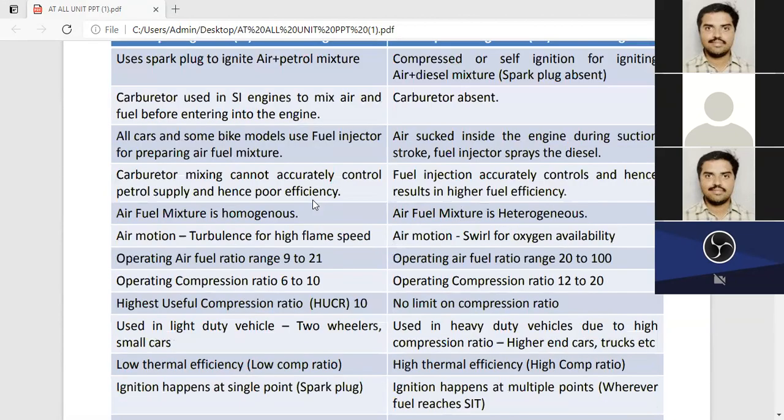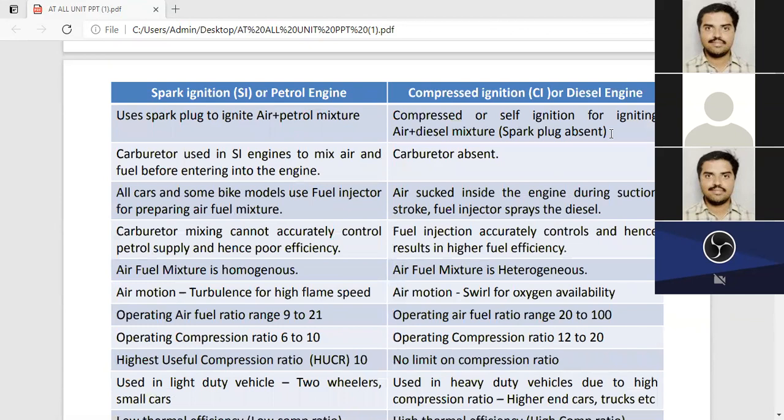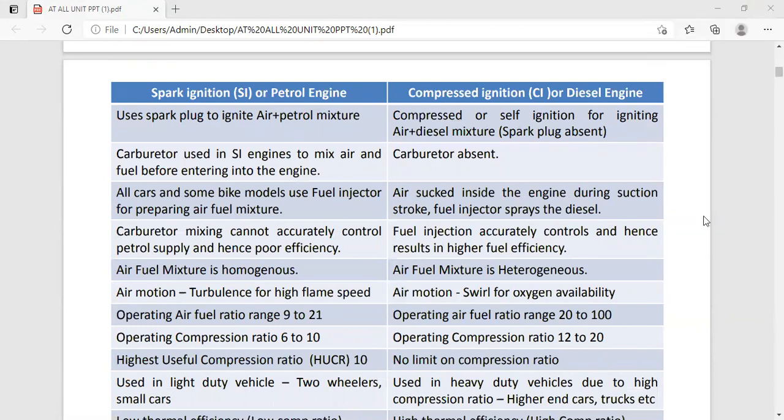Now, today we are going to start with the differentiation between the spark ignition engine, which we call a petrol engine or SI engine. Why do we say spark ignition engine? Because in this engine we provide a spark for igniting the air fuel mixture.